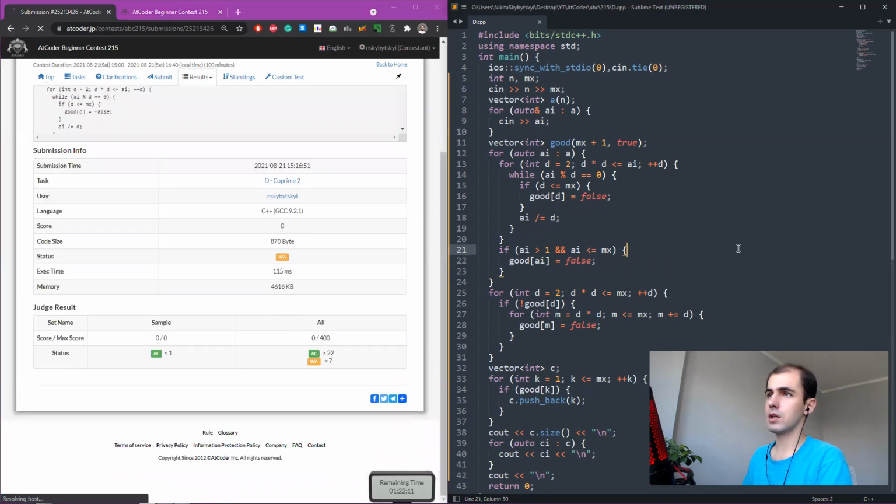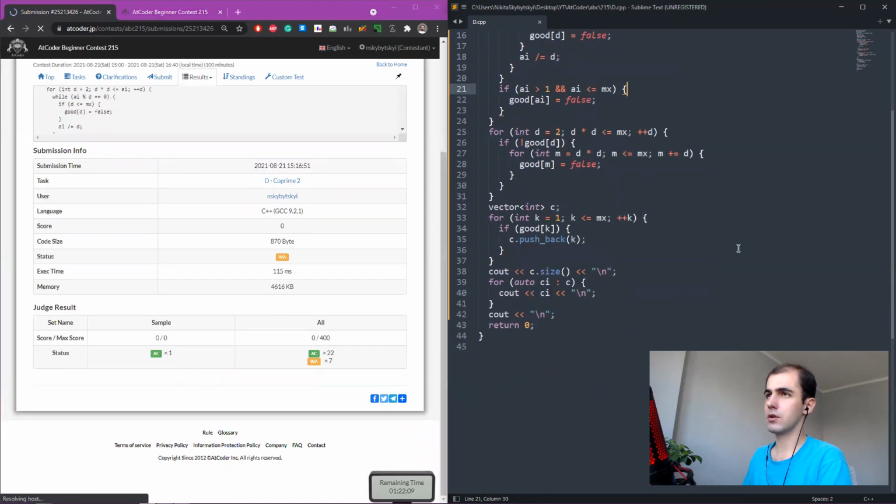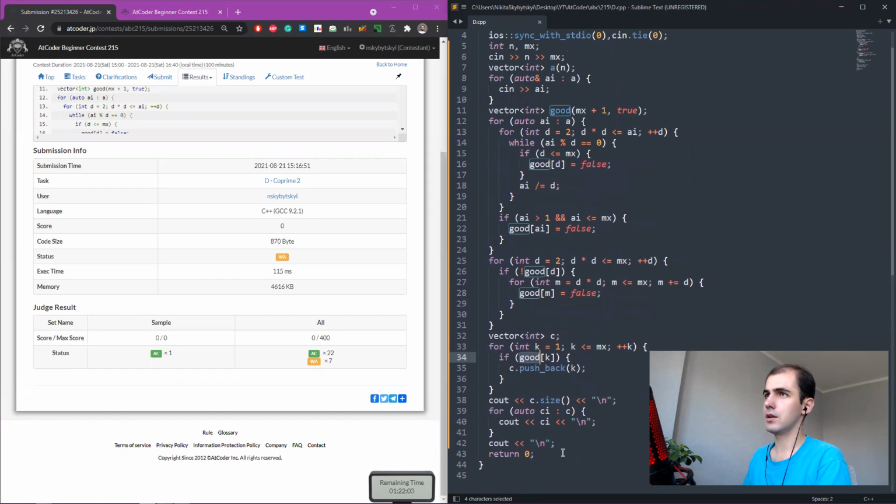Now we only have 7 of them, so probably some of those wrong answers were caused by some of these values being out of bounds, but valid numbers, just garbage numbers.